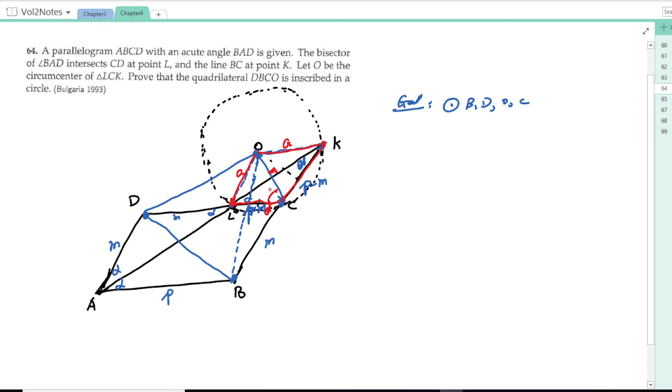So if this angle is beta, then this angle is beta, then this angle is beta. So this is beta minus alpha, right? And this angle is also beta minus alpha.